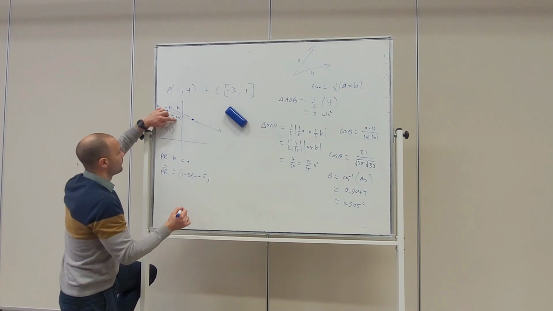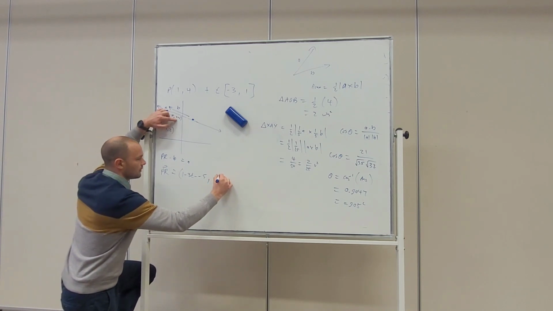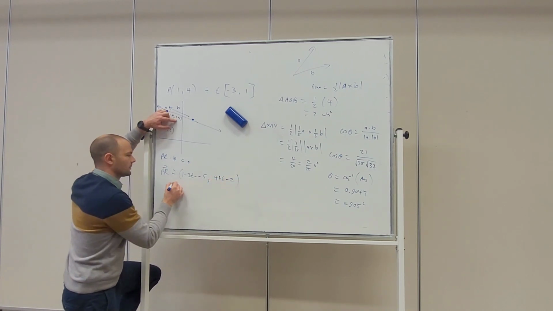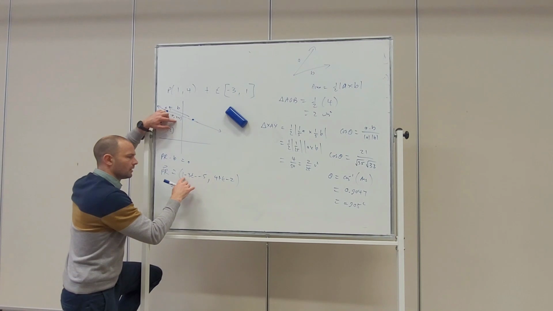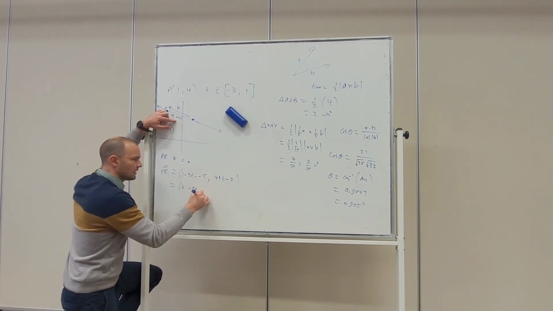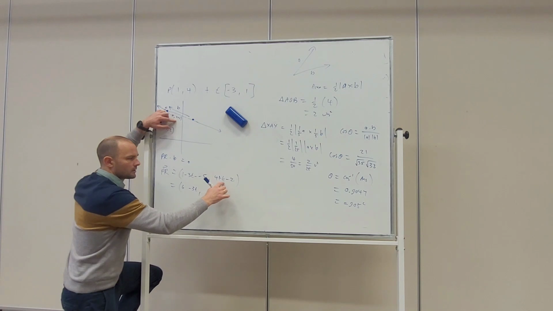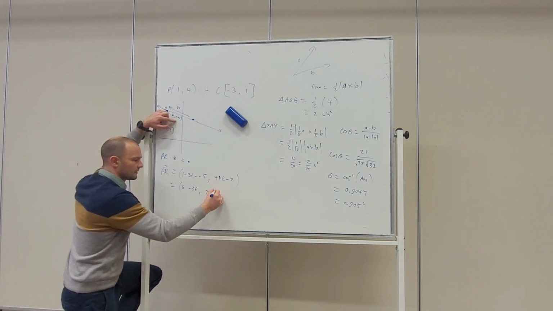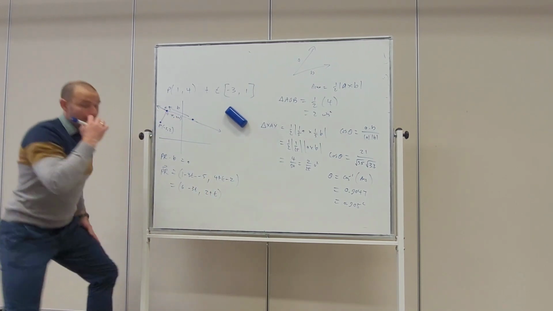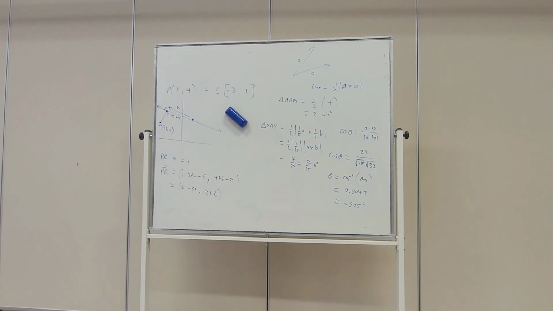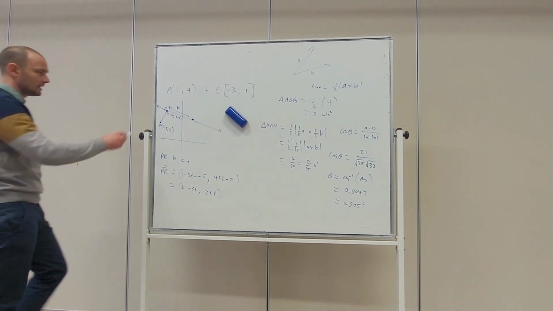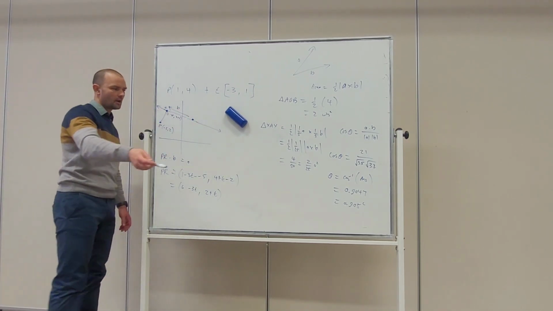And for y, 4 plus t, take 2. All right. So we have 1 plus 5, that'll be 6 take 3t, and 2 plus t. Okay, what this represents is the vector between P and any point along this line.